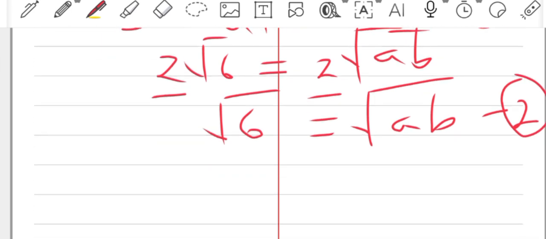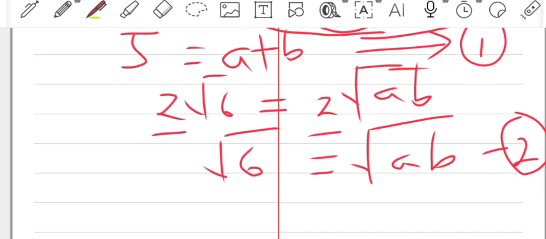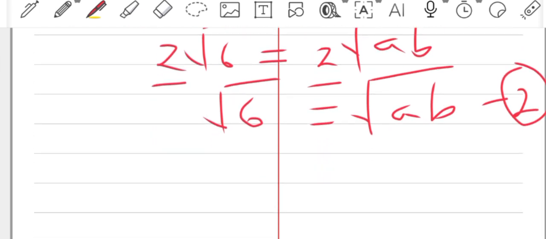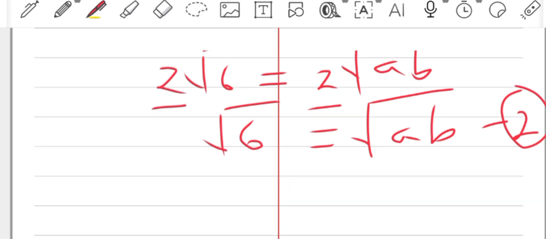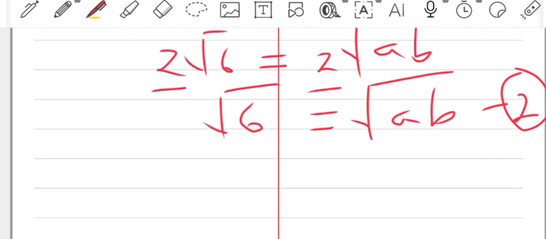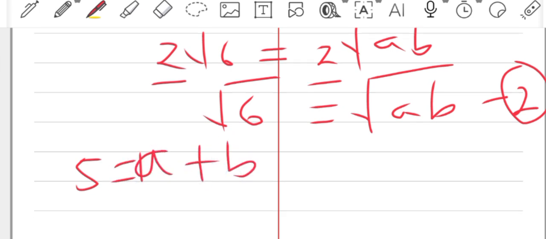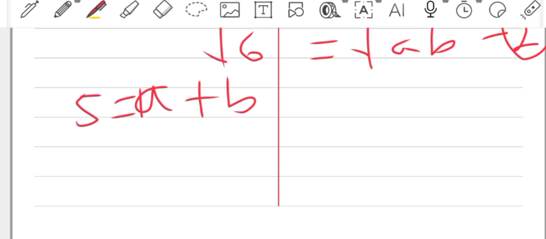If we continue, from equation 1 we have 5 is equal to a plus b. We can decide to make any of them the subject. In this case, if you make a the subject, you have 5 minus b being equal to a.